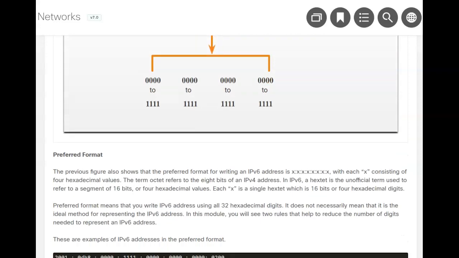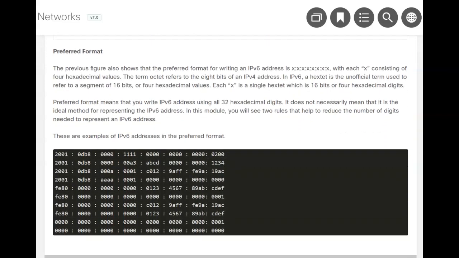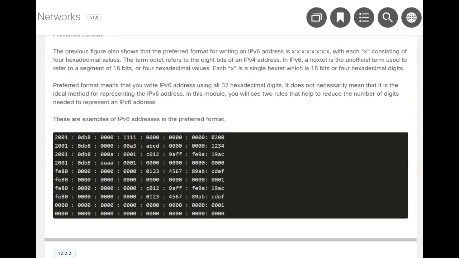Now, there definitely is what they call a preferred format. As you saw in that previous slide, the preferred format is writing IPv6 as x:x:x:x:x:x:x:x, where each x represents 4 hex digits. The term octet in IPv4 dealt with 8 bits.